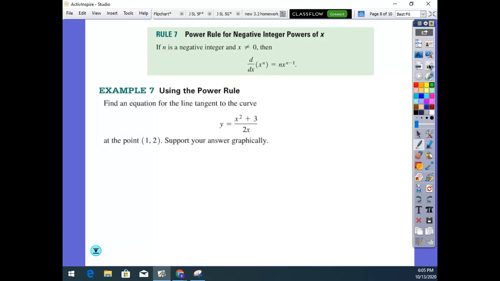All right. The power rule for negative integer powers basically just means it's the same rule. For example, if I have y equals 3x to the negative 2, whatever the exponent is, you multiply, so times negative 6, and you subtract 1 from the exponent.